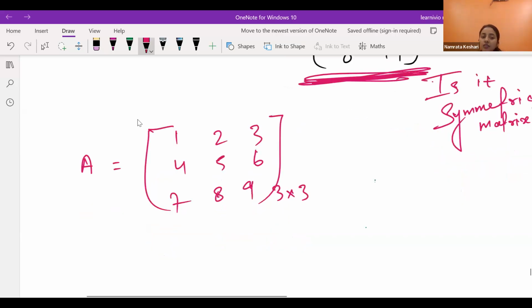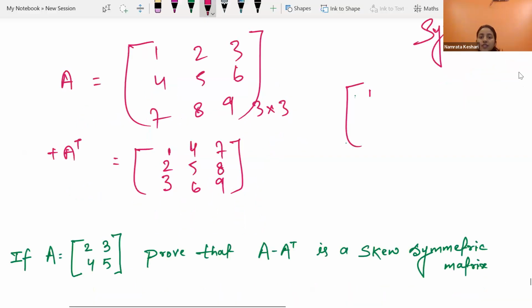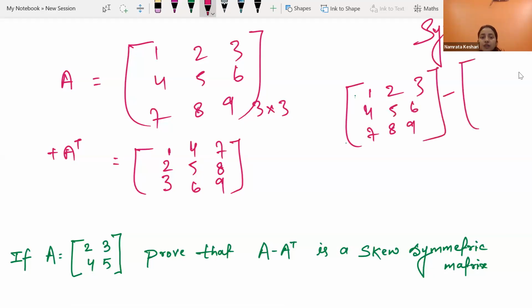If you add the transpose of this matrix with A, let's find the transpose. So we will have 1, 2, 3, 4, 5, 6, 7, 8, 9, right, Kiran? Yes. Let's add A with A transpose. Our A is 1, 2, 3, 4, 5, 6, 7, 8, 9, and A transpose is 1, 4, 7, 2, 5, 8, 3, 6, 9.